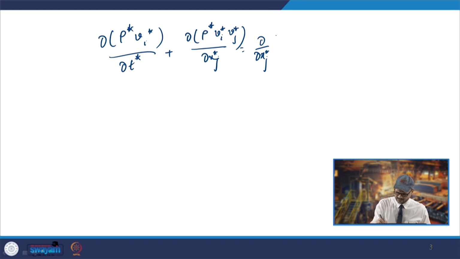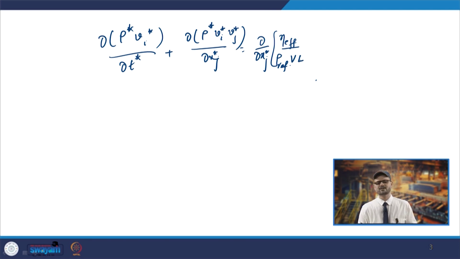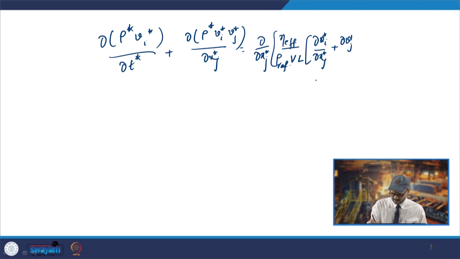So, you are non-dimensionalizing, and then in that you will have the eta effective divided by rho reference into V n and L. So, that term will be coming, and you will have dou V I star by dou x j star plus dou V j star divided by dou x I star.